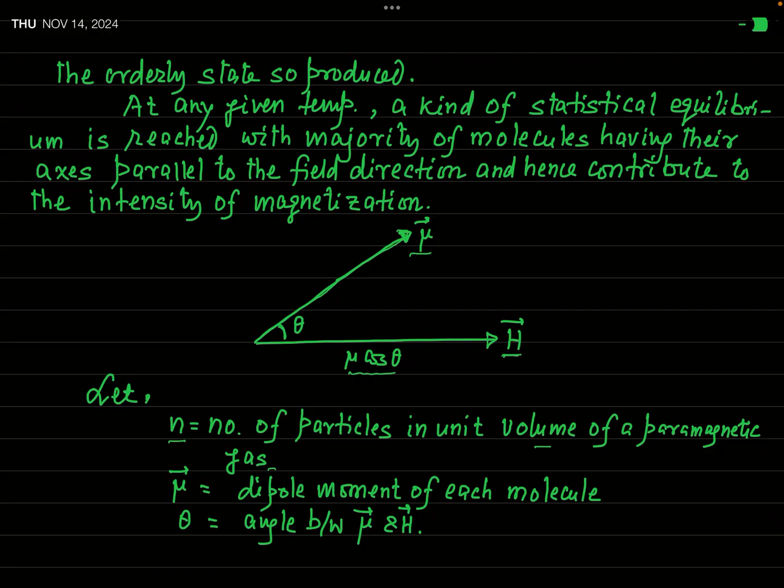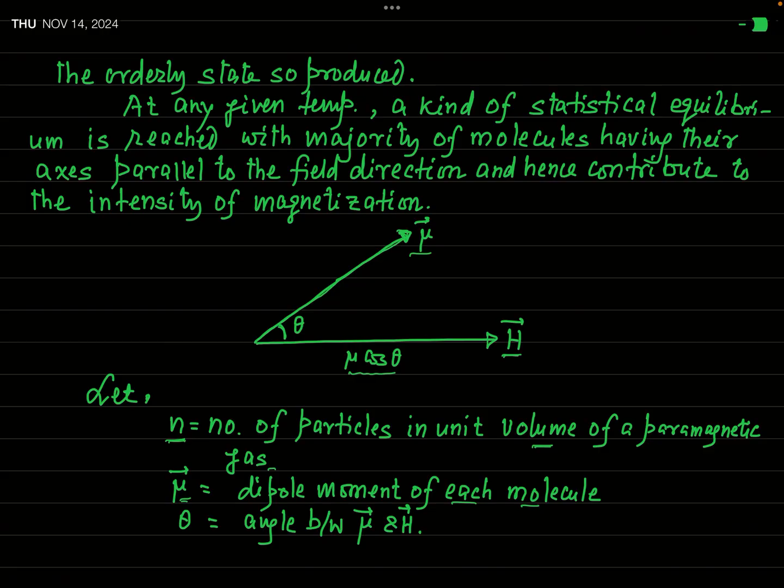Because magnetization, you know, is the total magnetic moment induced in a specimen in its unit volume. So for simplicity, I have considered a specimen whose volume is unity and that contains N atomic or molecular dipoles. And this mu is the dipole moment of each molecule. It means each molecule has the same dipole moment, which I have assumed to be equal to mu.